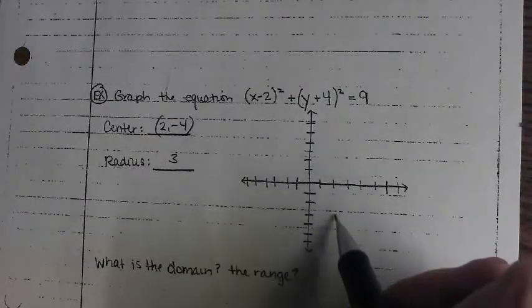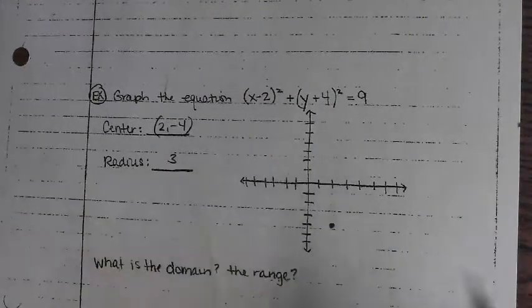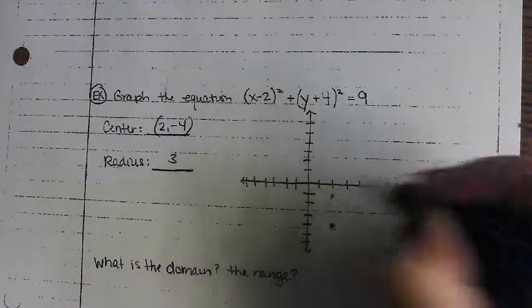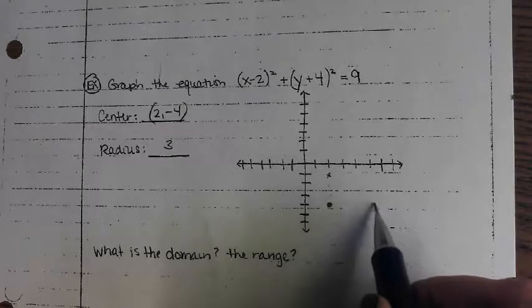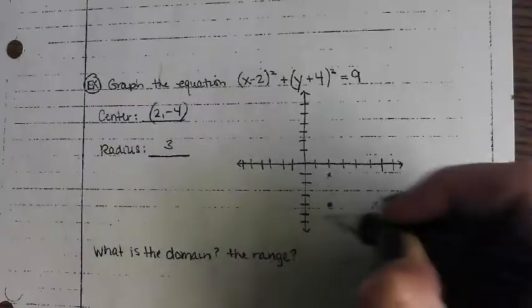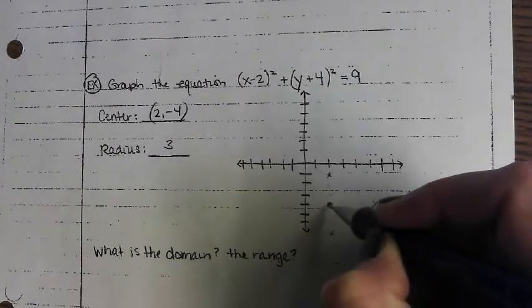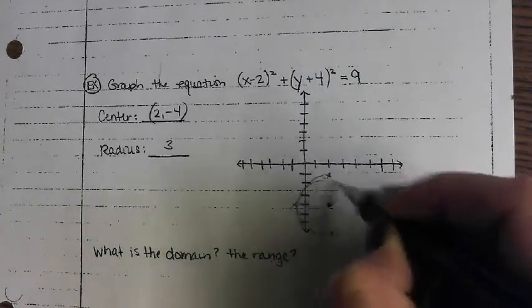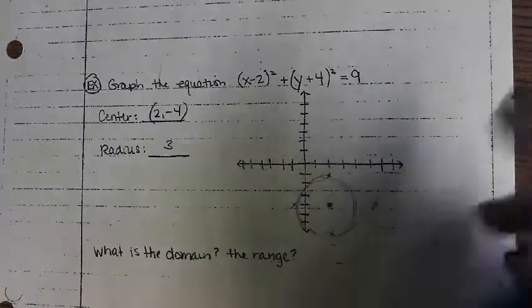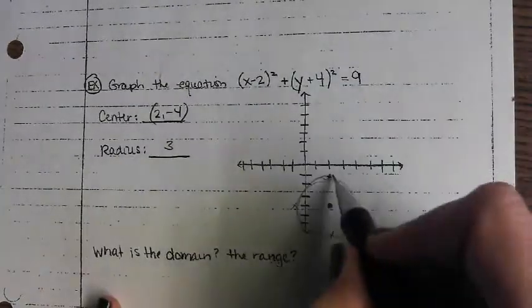Go to your point, your radius 3 up. This is how I do it. I don't know how you do it. I just do 3 up, because 3 to the right, you can count up, down, left, and right on a graph. 3 down, 3 to the left, and then from there I just have to ballpark it. And my scale is way off, because that point would not be out that far.